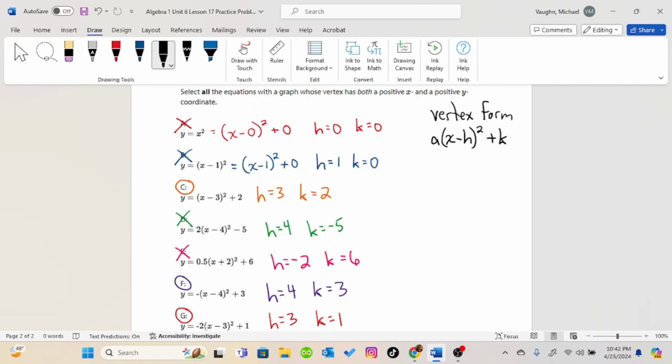So if I have a minus h, then that h is positive. But if I have a plus h, then that h is negative. The k is exactly what it looks like. So a plus 2 is a positive 2, but a minus 5 is a negative 5.